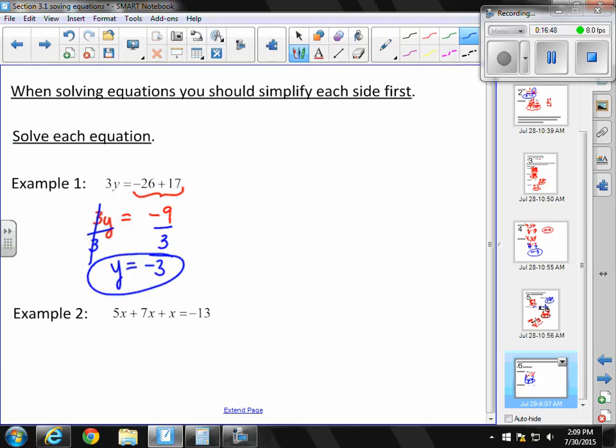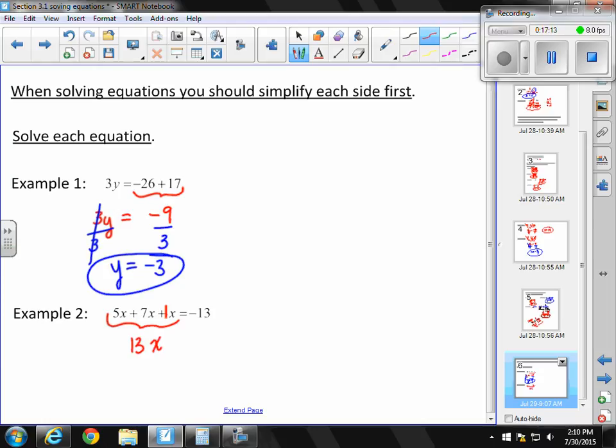In example number 2, if you notice the left-hand side of the equation, all of these are x terms. They are all like terms. And remember, x means, even though we don't usually write it, it has a coefficient of 1. So when we combine our like terms here, we're adding our coefficients and keeping the variable part the same. So 5 plus 7 plus 1 is 13.